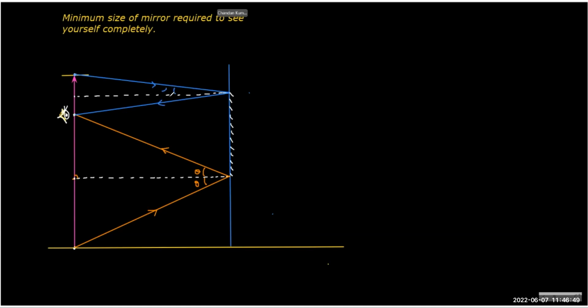Of course, it is following the same angle relation. So if this is alpha, this is also alpha. Of course, alpha and theta will be different. So what we can say is that if I call this x, this is also x, and if I call this y, this is also y. So if h is the height of person, then what you can say? 2x plus 2y must equal h. x plus y is how much? h by 2.